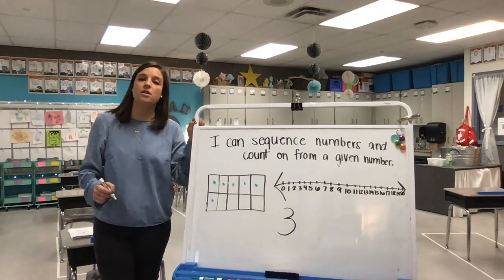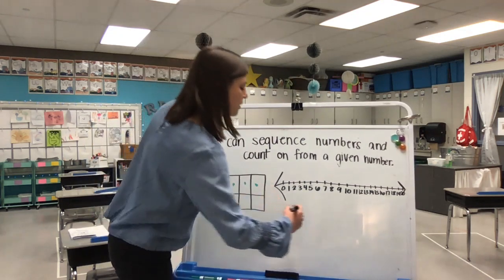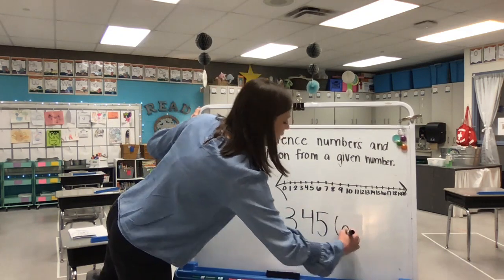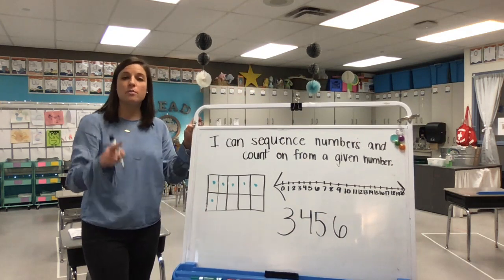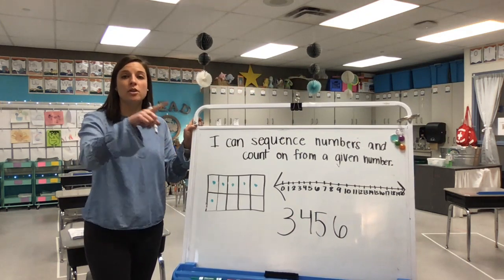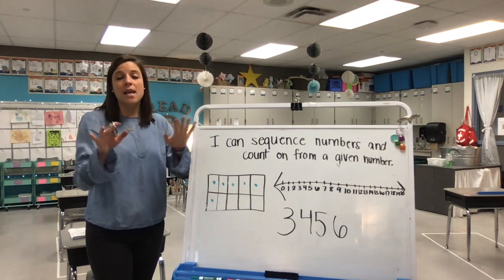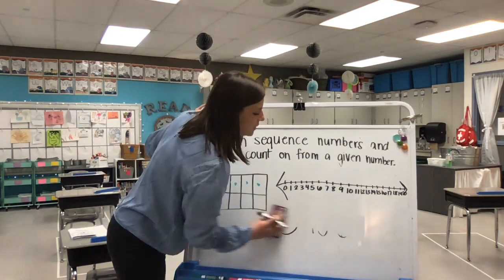We're going to start counting at 3 and let's stop at 6. So we have 3, 4, 5, 6. Very good. And I know that you've been doing this with your teacher too because you've been putting your numbers in order. They've been scrambled up like scrambled eggs and you've been putting them back in order. Okay? Let's practice another one.